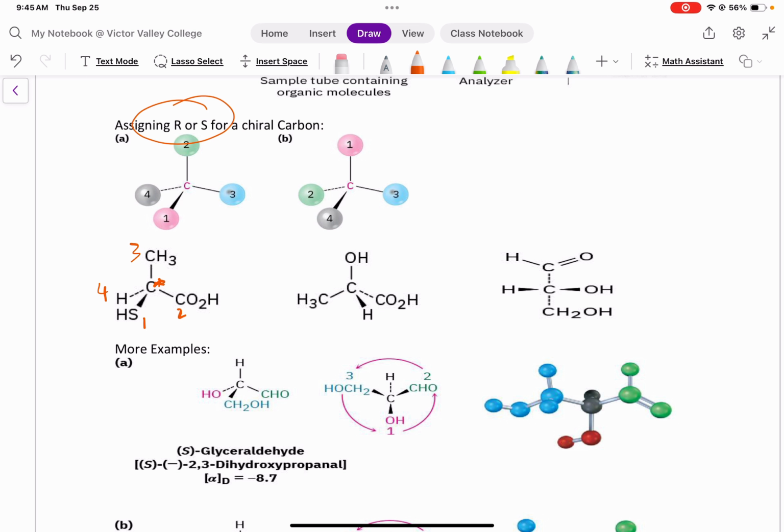Now, this carbon is bonded to 2 oxygens. That's why it's number 2. And methyl is number 3 because it's just a carbon by itself. So when you do the rotation, 1, 2, and 3, counterclockwise is S.